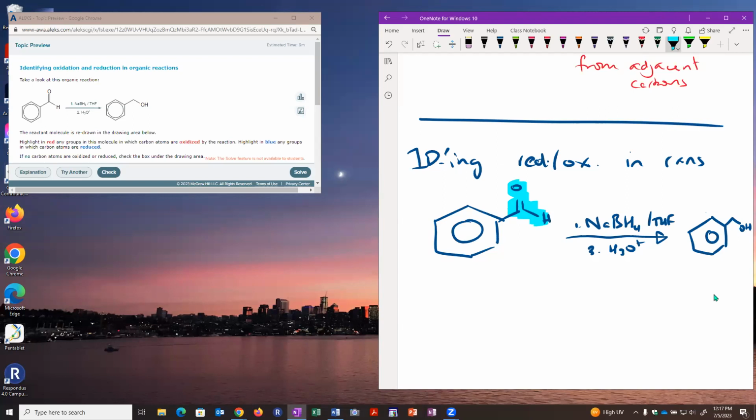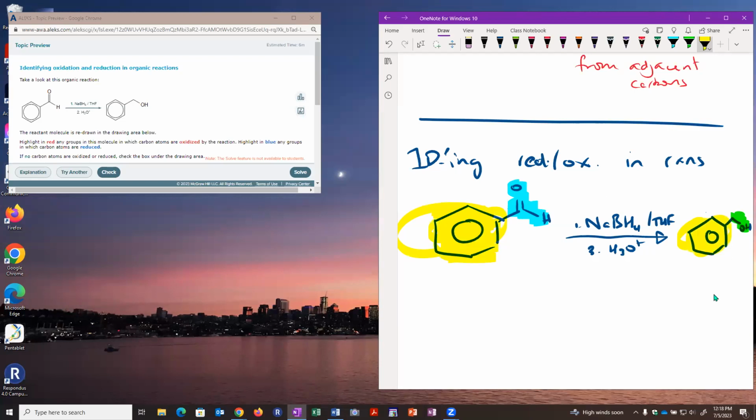On the product side, I also have a benzene ring, but now that C double bond O is gone, and it's replaced by an OH, a regular old hydroxyl group. Everything else is the same, right? So I'll highlight the parts of the molecule that don't change, and that's the part in yellow. So all we need to do is focus in on the blue and the green regions. That's the only portion that changes.